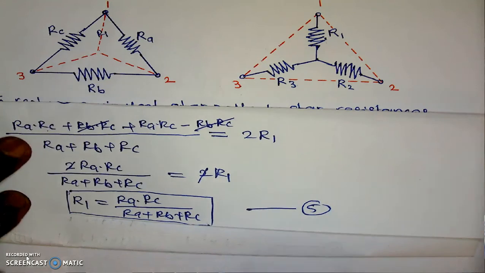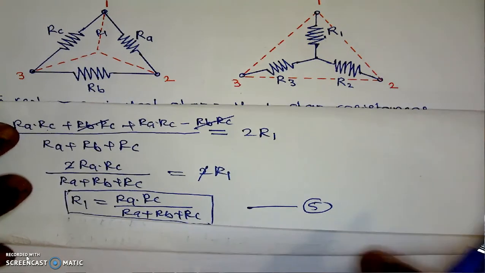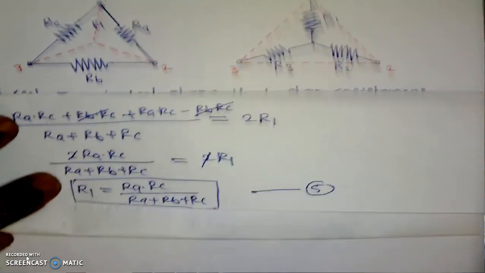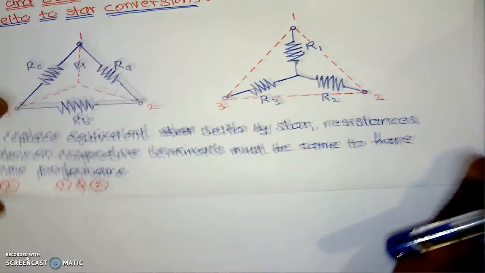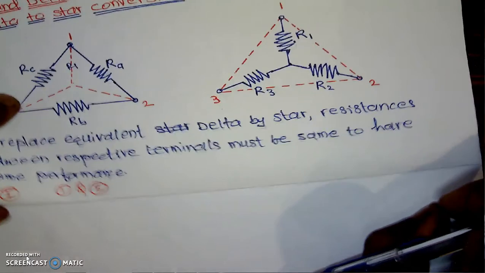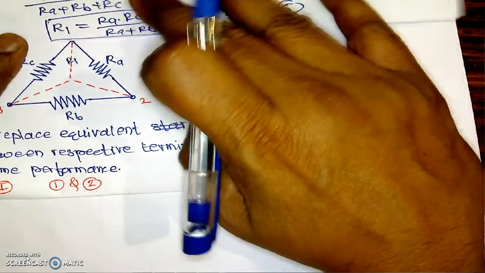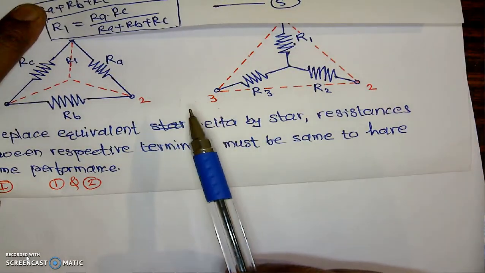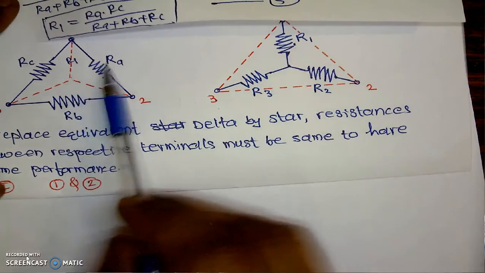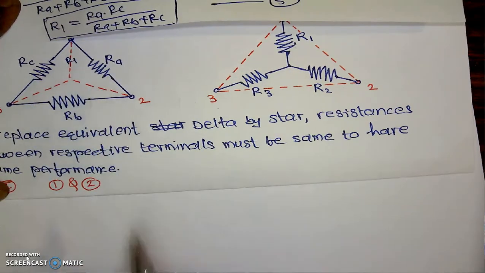In a similar way, if we are planning to calculate the other values, they will be something like this. Look here, this R1 is the multiplication of these two resistors divided by the summation of all.